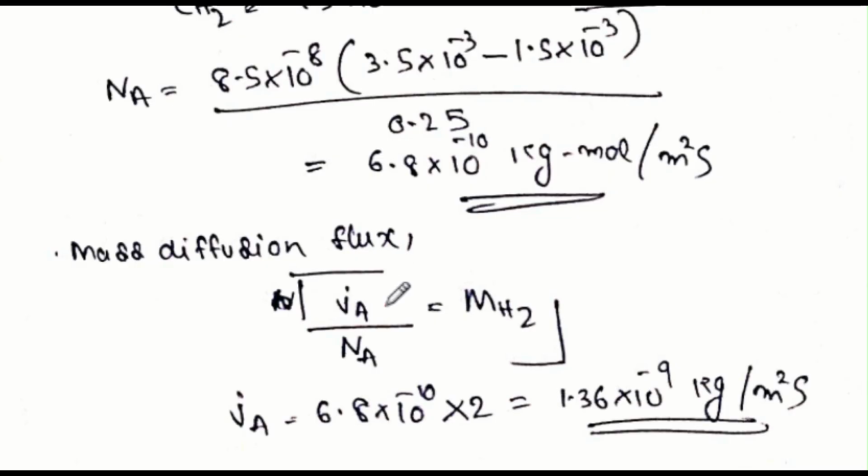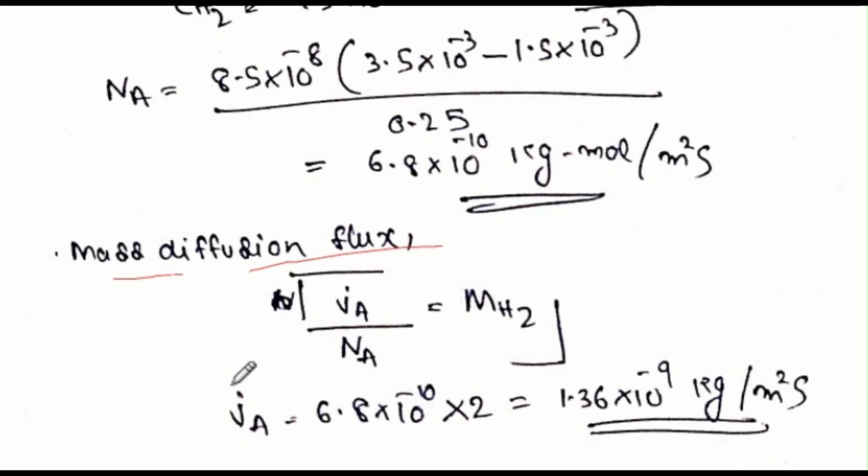Here we have hydrogen, so the mass diffusion flux divided by the molar diffusion flux is the molecular weight of hydrogen. So all I have to do is multiply the molar diffusion flux that we just found with the molecular weight of hydrogen. We know the molecular weight of hydrogen is 2.